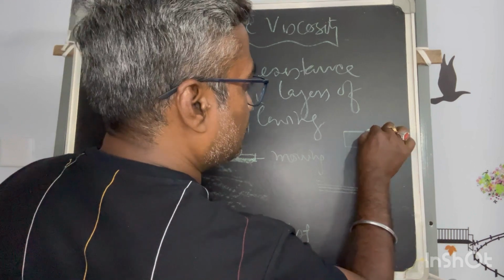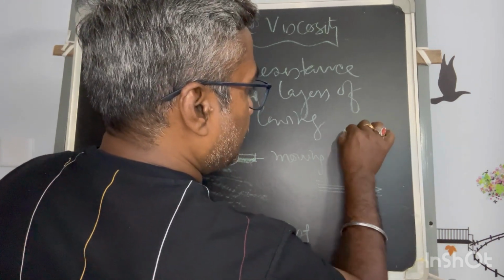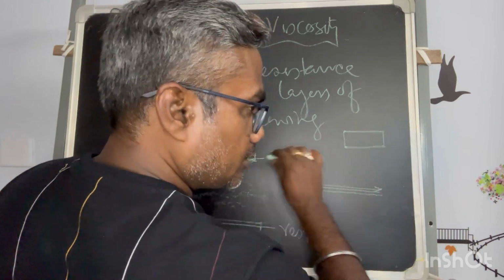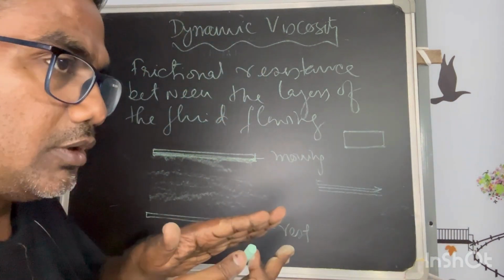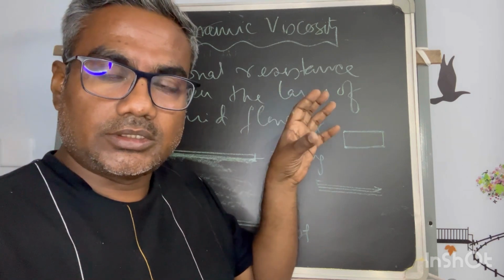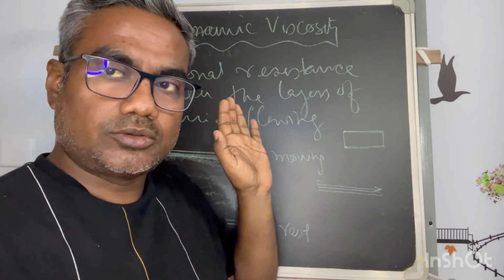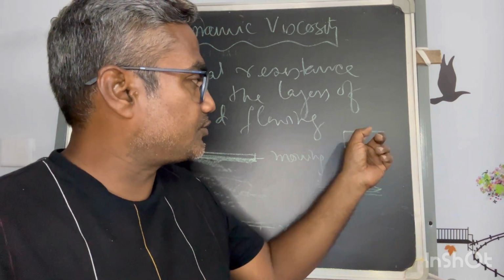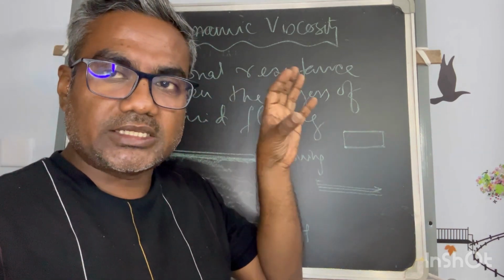If I take this as the top layer and this as the bottom layer, at any point of time this will try to move parallel to the other if there is no deviation in force, meaning no extra force acting on it.